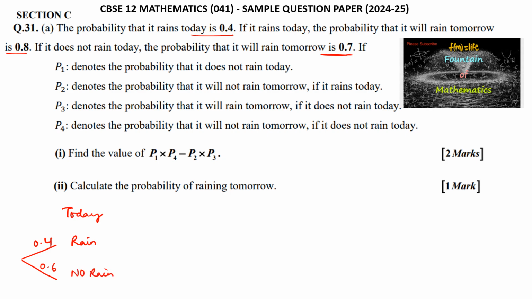And in the case of tomorrow, we can see again, it either rains or no rain. In the case of no rain today, again it rains or no rain.